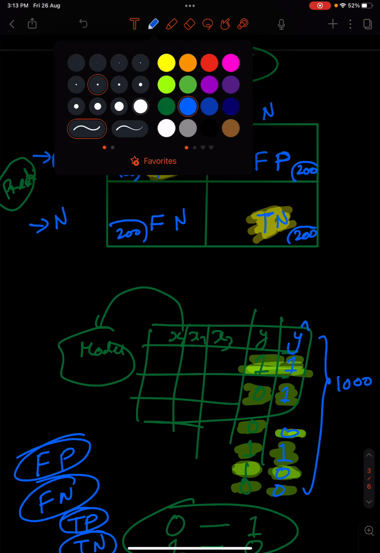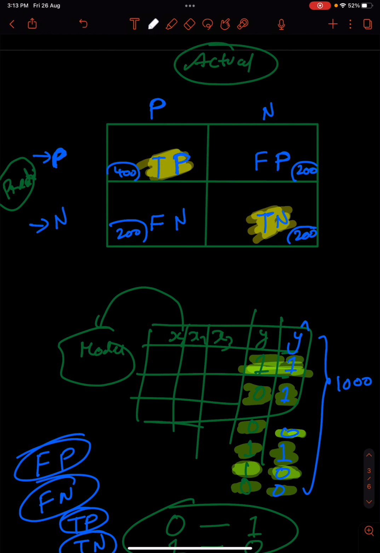So whenever somebody asks you about precision, you can instantly remember that actual values are in the columns, so think of the column. If you talk about precision, that is with respect to the model predictions.